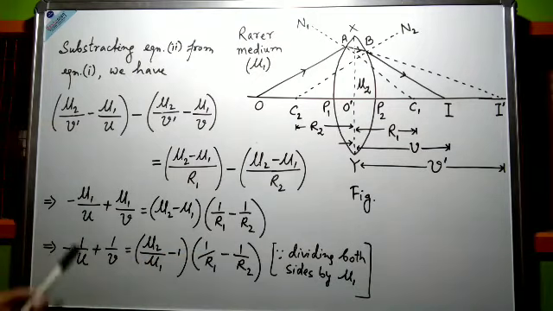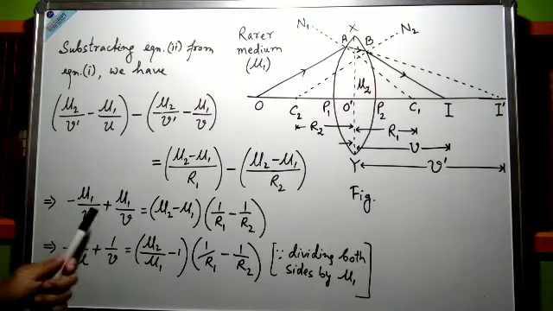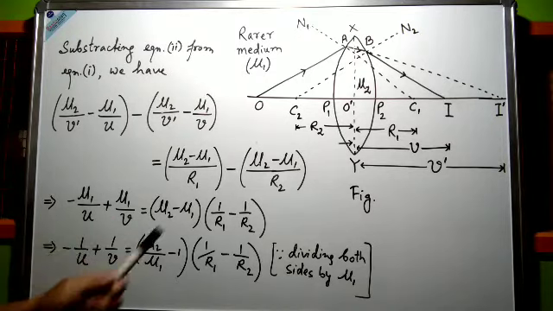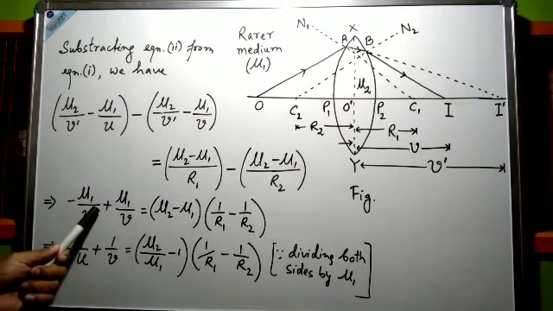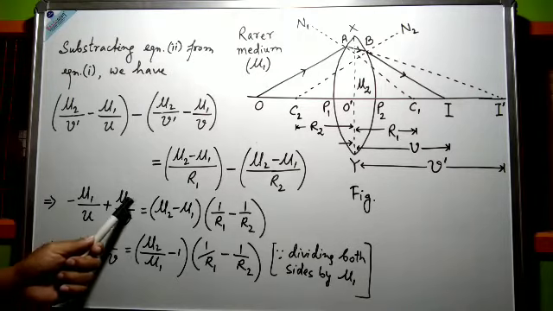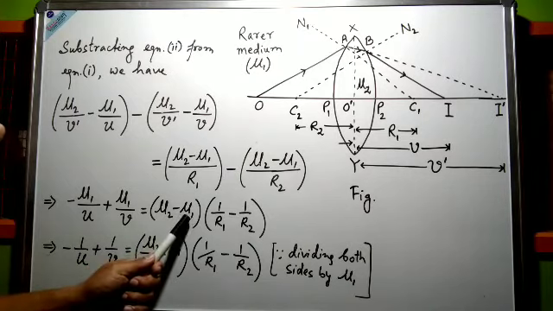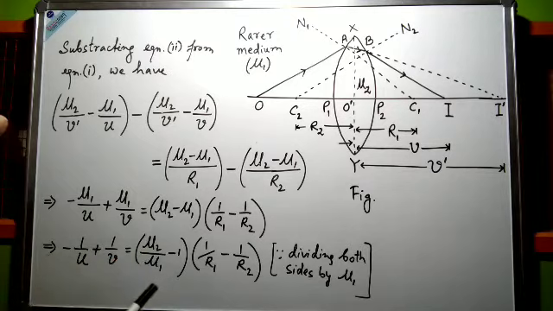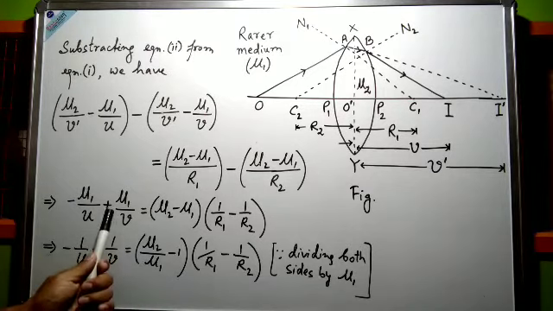Next step, dividing both sides by mu 1: mu 1 by u becomes 1 by u, similarly mu 1 by v becomes 1 by v, and mu 2 by mu 1 remains on the right side.